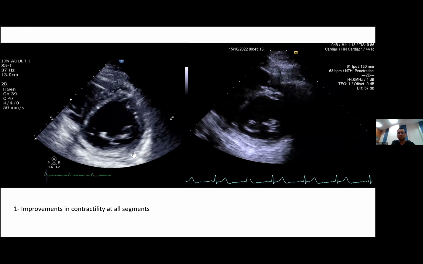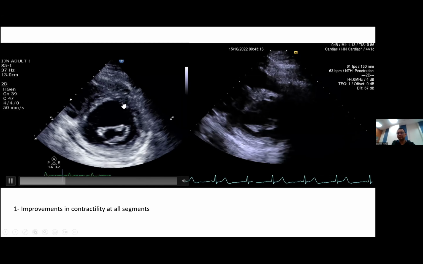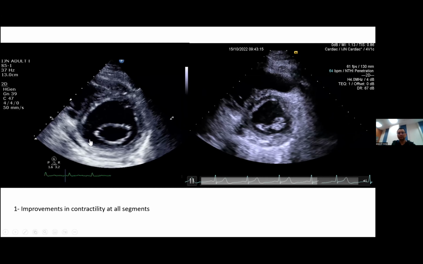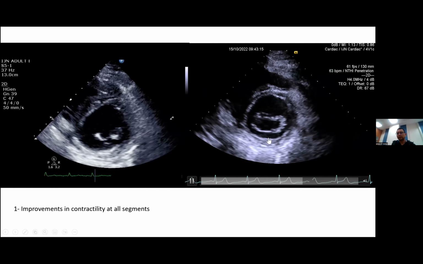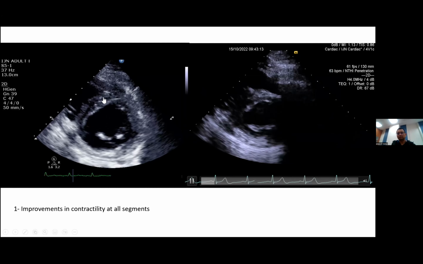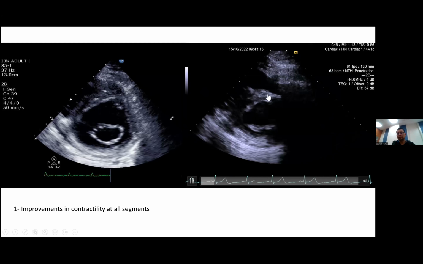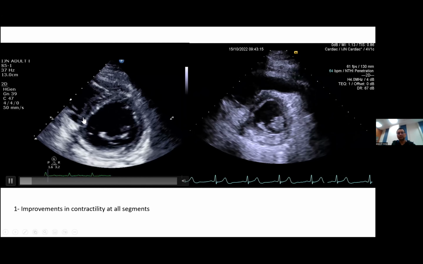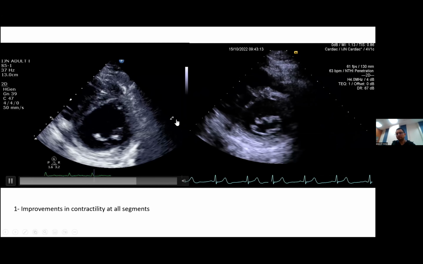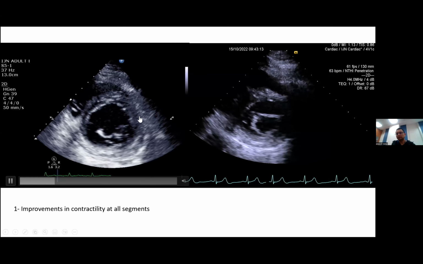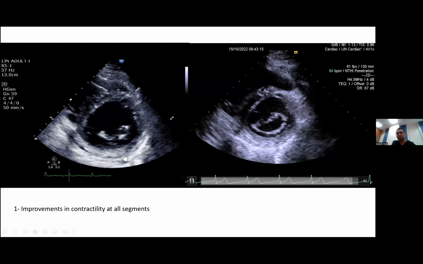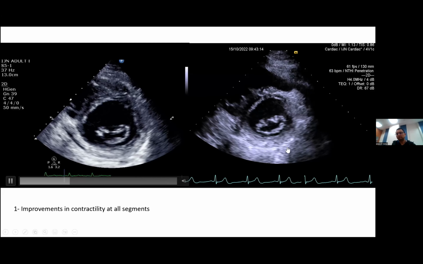So this is basal. So basal anterior wall, basal inferior, basal anteroseptal, basal inferoseptal, basal anterolateral, and basal inferolateral.